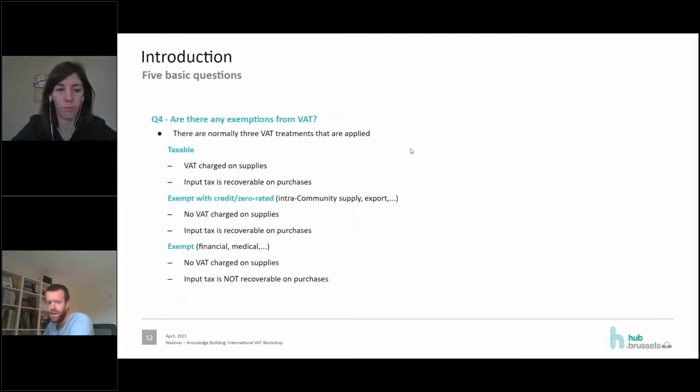There you really have an exemption whereby no VAT is charged at all on the transaction, on the supply of the goods or the services. And of course, this will have an impact on the right to deduct the VAT on the incoming costs of the company that is providing such services.